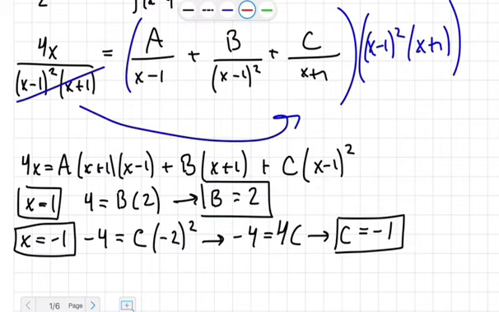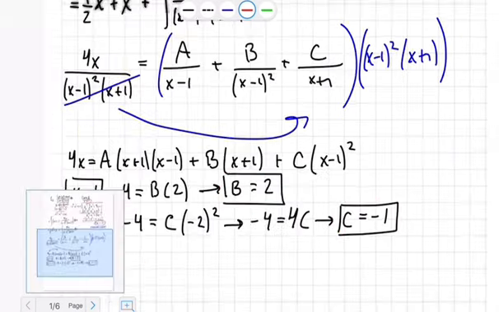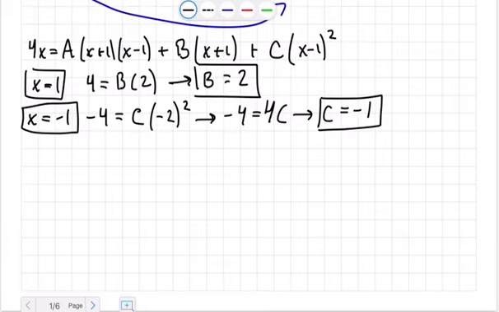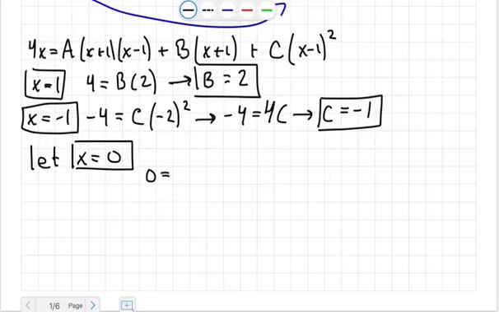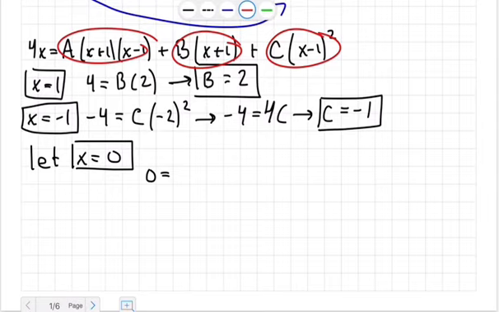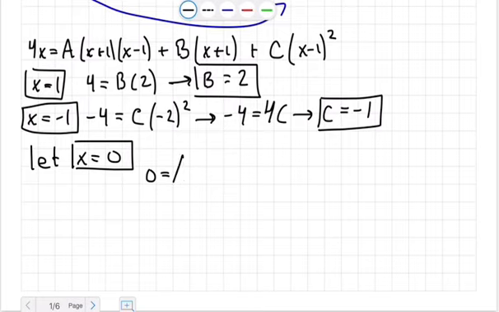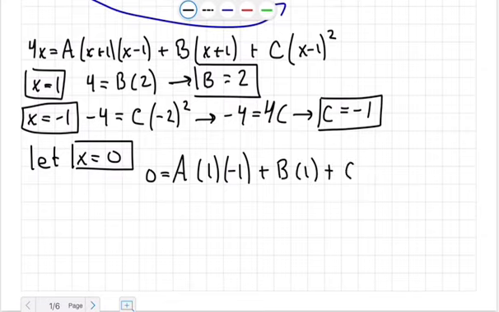So for example, let's give ourselves a bit more room. If I let x be something nice, let's say let x be 0, the left-hand side now becomes 0. The right-hand side, none of these terms here are going to disappear entirely, but I can still plug in x equal to 0, and I'll get a multiplied by 1 multiplied by minus 1 plus b multiplied by 1 plus c multiplied by 1, minus 1 squared.